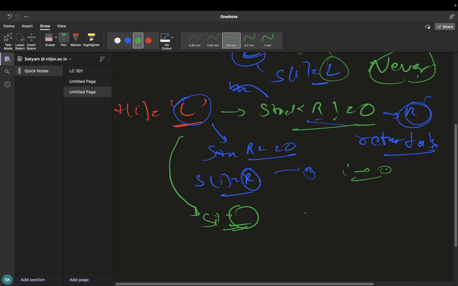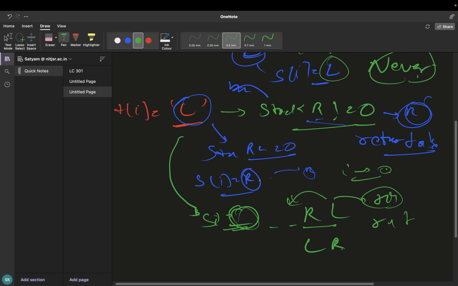Simply, if in this case RL exists on the right side, in the right side string, then again it's not possible, because L can never jump over this R to come to this position, because R is occupying this place on the left side of L. So again here we return false.